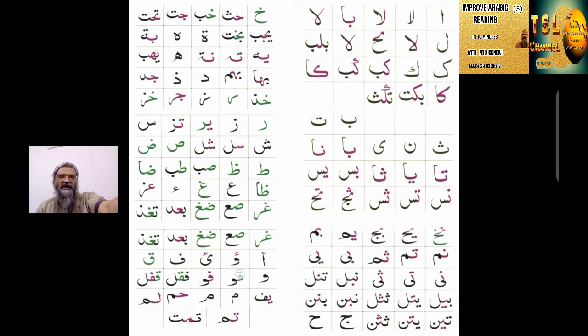Wow, qaf waw, fa waw, fa qaf lam, qaf fa lam, ya fa. We can see here ya totally changed and it will be written like ba ta sa. Noon. Mim, mim, ha mim, lam mim, ta mim, ta mim ta.